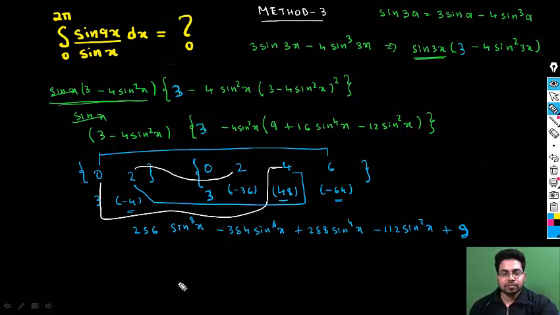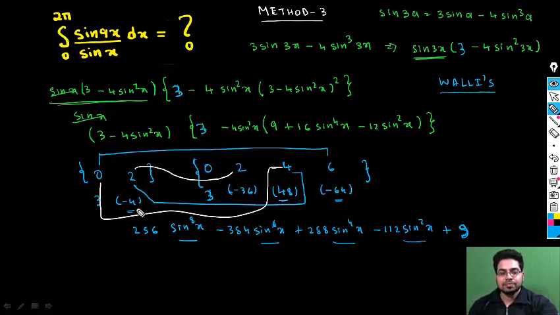Now I got sine to the power 8x. The power is even. Here also power 6x, sine to the power 6x, sine to the power 4x, sine square x. All the powers are even. So what we are going to do is, here we are going to use Wallis's formula.